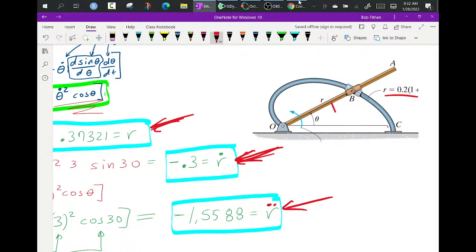So if we're at 30 degrees, and that looks pretty close to 30 degrees, a few seconds later, the vector that points to that V is going to move to a shorter vector. So this vector is going to be shorter than that. Therefore, it makes sense that the velocity of R is moving in the negative direction. So that's shortening. So that's making sense.